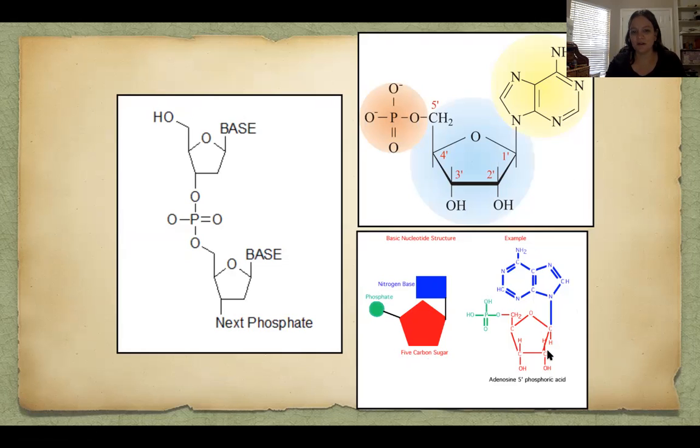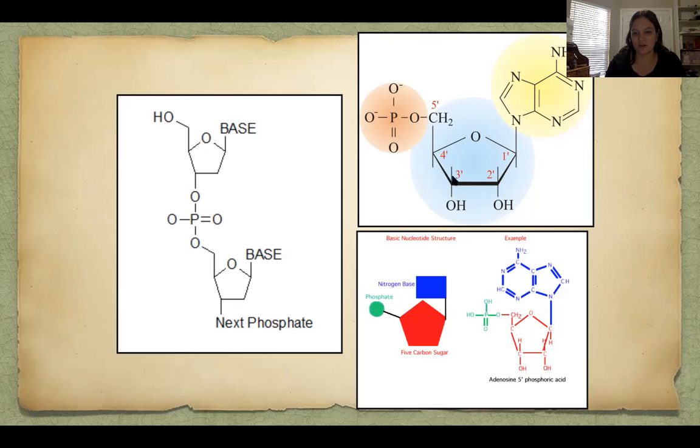So here you can see the carbons are all labeled. This one is a little bit better picture of it. So we number the carbons. So in this model, the blue is kind of highlighting the sugar molecule, the deoxyribose. And we number the carbons.